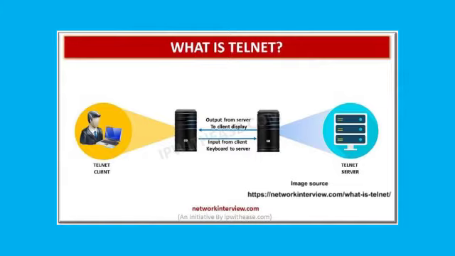So there is an input coming from the client using their keyboard, getting the information, sending it to the server, and the server is replying back. The server is replying back as the output what he has keyed in, and it is getting displayed on the client's system itself. So this is a completely two-way communication process which is involved in it.